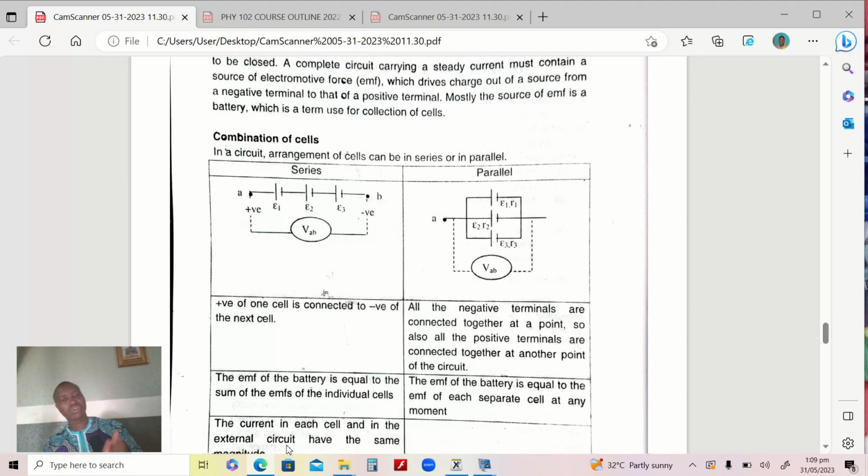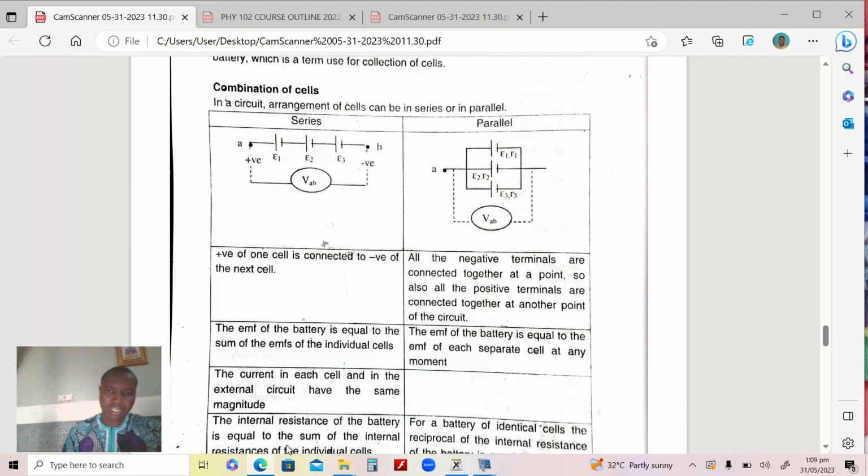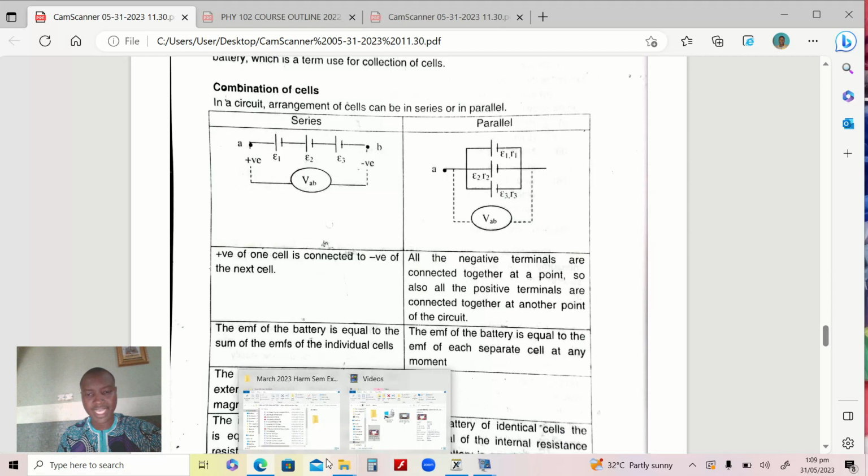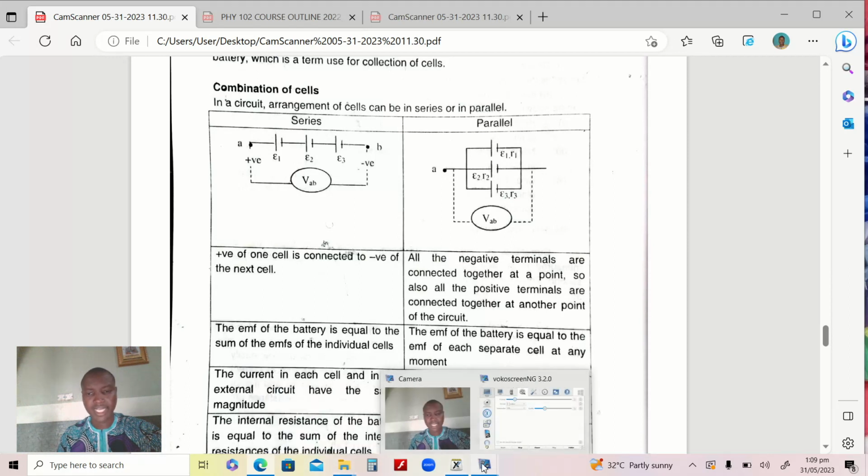So we have combinations of cells. This table shows us the series combination and the parallel combination of cells. You can see how this is put. We have cells E1, E2, E3. When they are connected in parallel, from these we have positive 1 connected to negative 1.